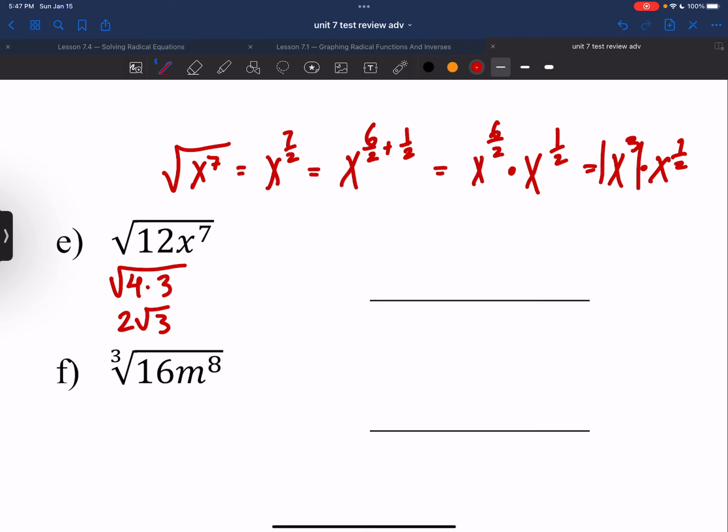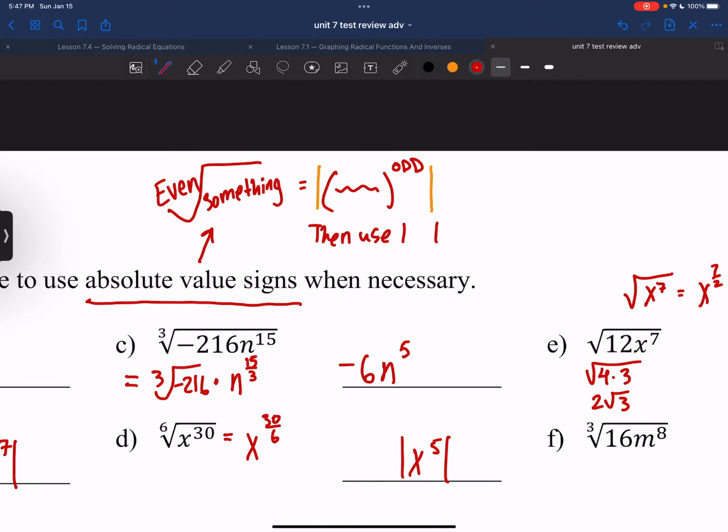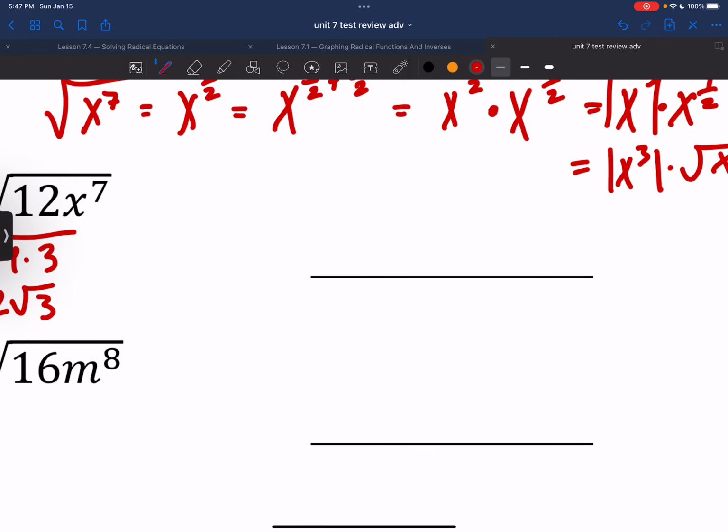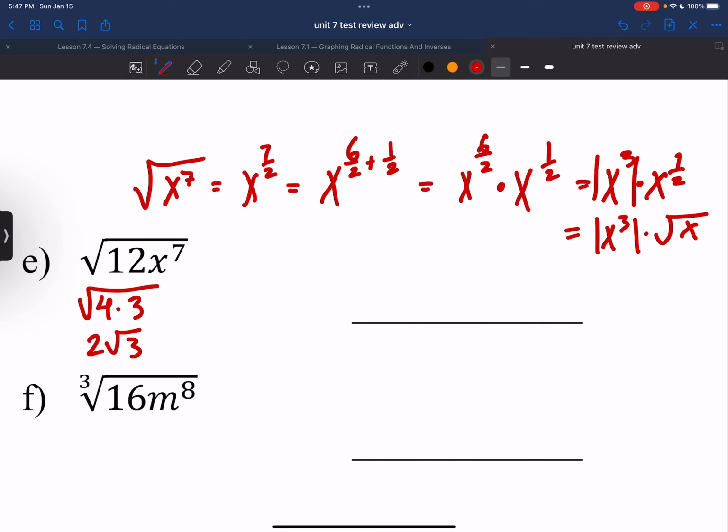And so my result is x cubed times square root x, if you're putting it back into the radical. Because I don't need rational. I'm just rewriting it. Okay. So it's 2 absolute value x cubed times the square root. What goes in the root is 3 and x. Nice.